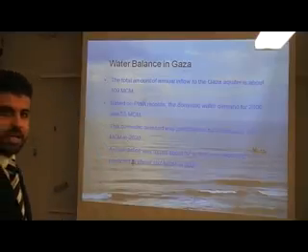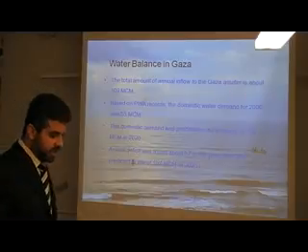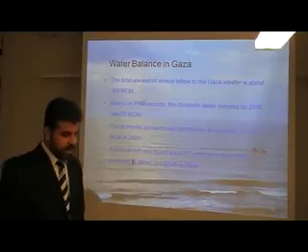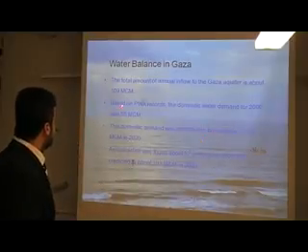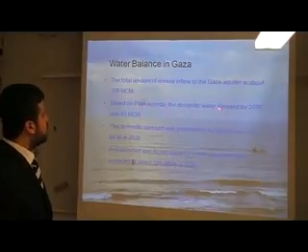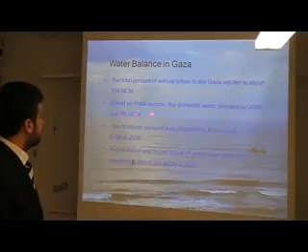Water balance in Gaza. The total amount of annual inflow in Gaza aquifer is about 109 million cubic meters. Based on Palestinian Water Authority records, the domestic water demand for 2000 was 55 million cubic meters.